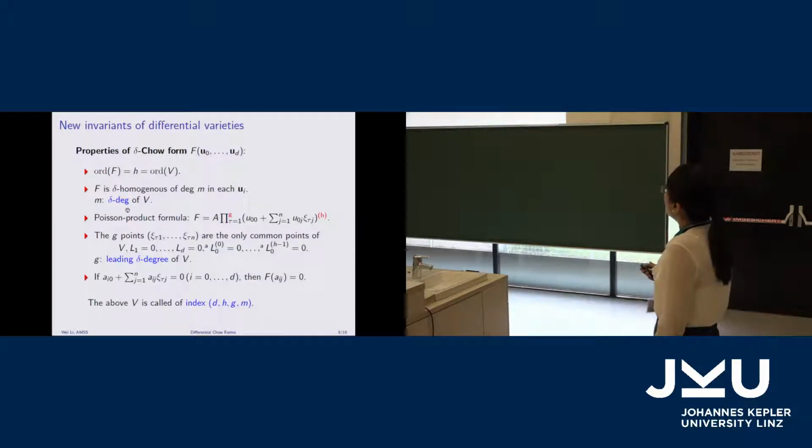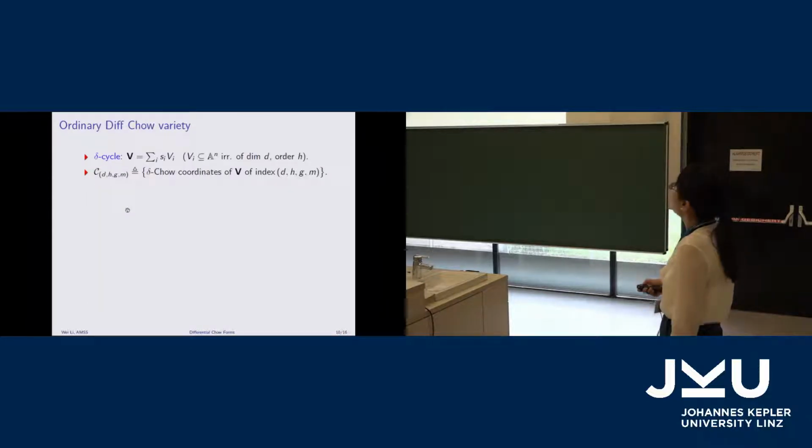And if a differential variety has a differential dimension D, order H, differential degree M, and leading differential degree G, then we say this differential variety is of index DHGM. These are four important invariants for differential varieties.